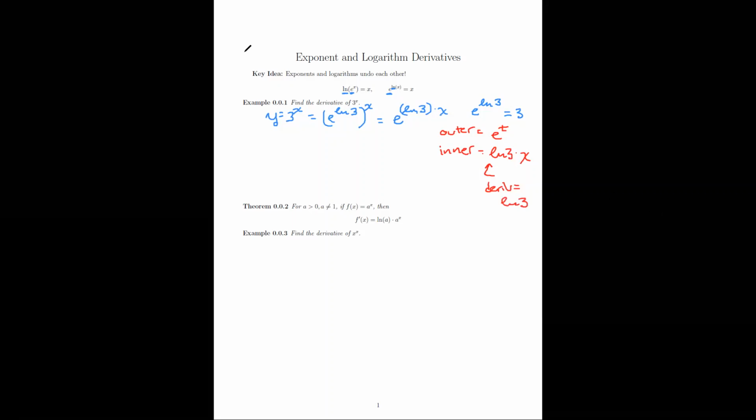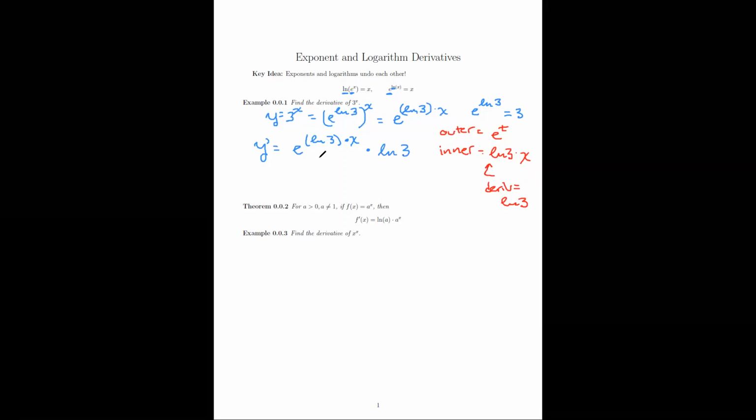Okay, so if I want to take the derivative of both sides, I've got y prime equals, so again with the chain rule, we take the derivative of the outer function, in this case it's just itself, e to the natural log of 3 times x, that's a multiplication sign, and then I multiply it by the derivative of the inner function, which is natural log of 3.